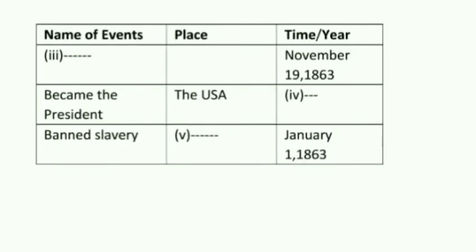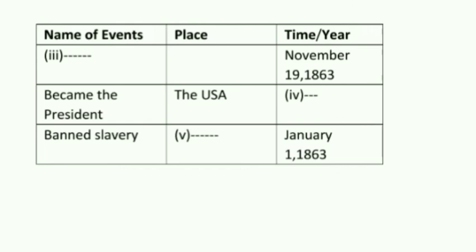Here only name of events you have to identify, and only time mentioned here, that is November 19, 1863. What happened on November 19, 1863? Delivered Gettysburg Address. Yes. Then fourth gap, became the president of the USA, in which year? Who can say?